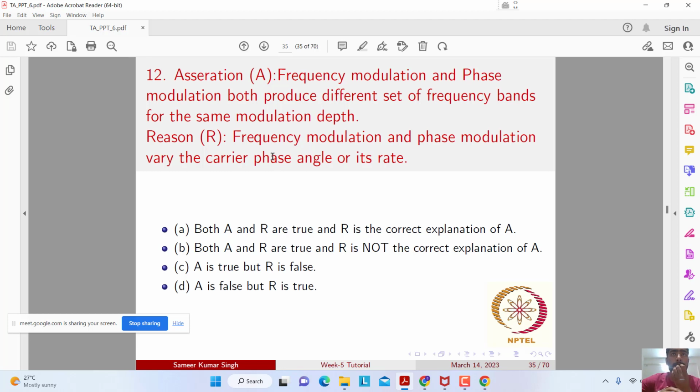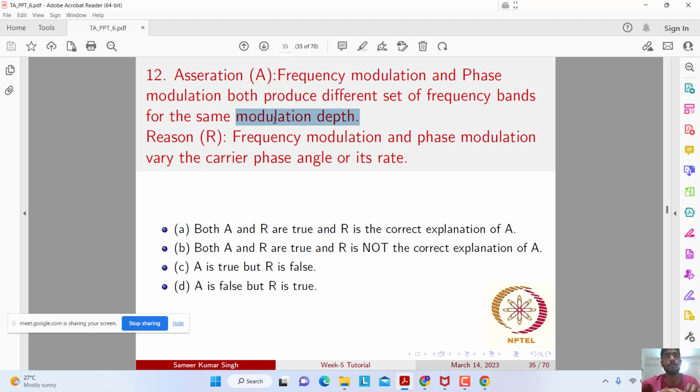Okay, sir. I consider beta. Yes, sir. I think modulation depth is equal to modulation index.